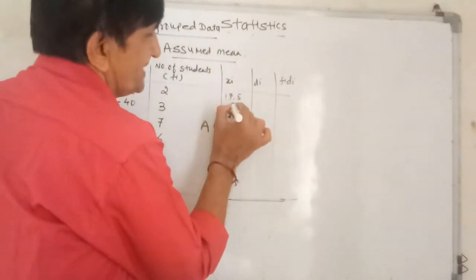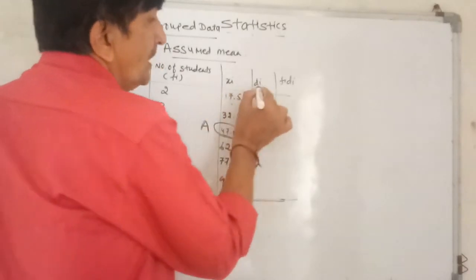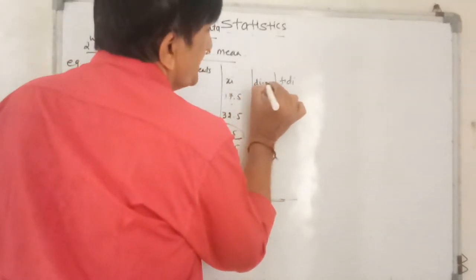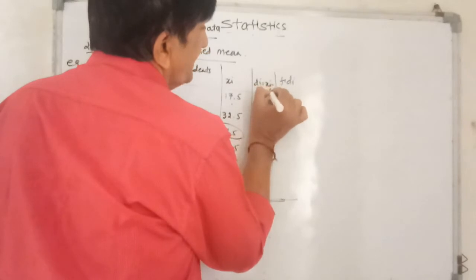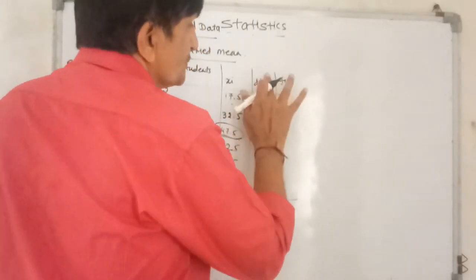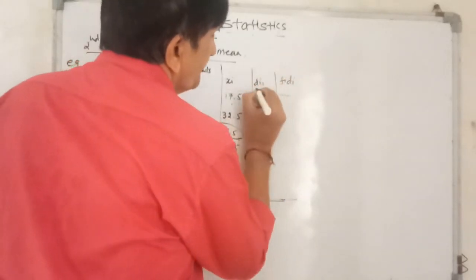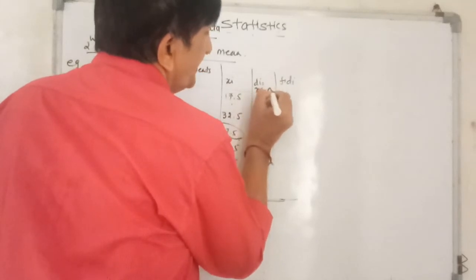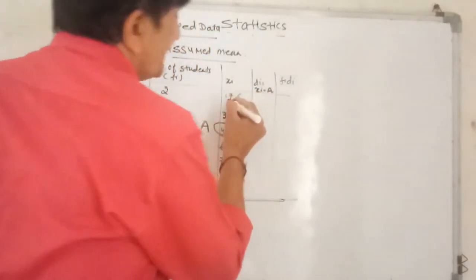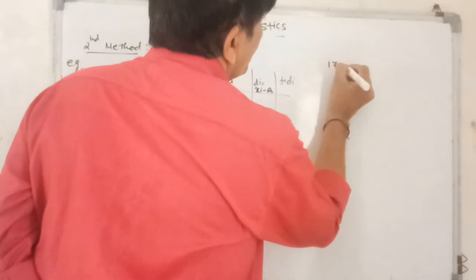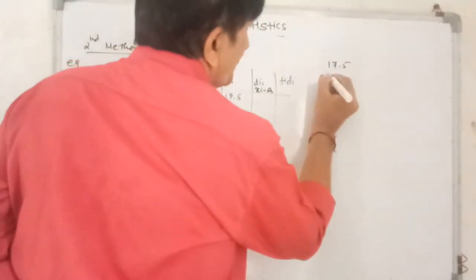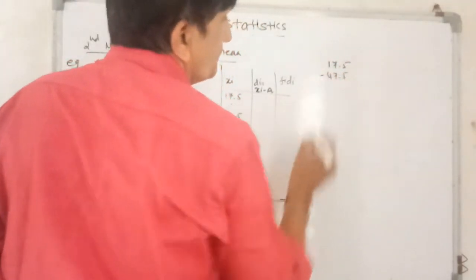Now this is your xi and this is a. For di, the formula is xi minus a. So di is equal to xi minus a. Your xi is 17.5 minus a, which is 47.5.